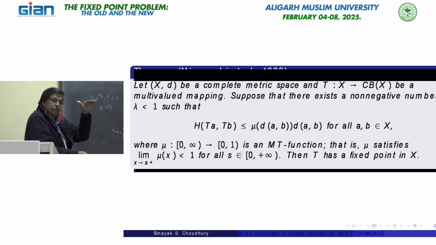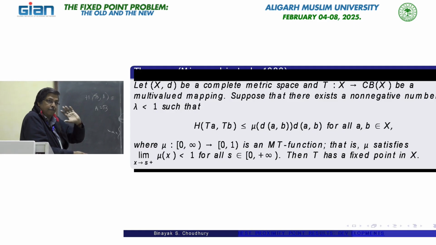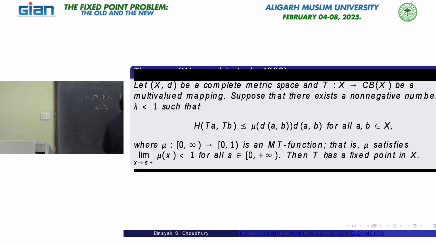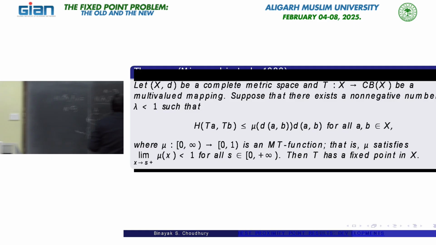There are volumes written on fixed points of non-expansive mappings, and you will need very special conditions in order to ensure that such a fixed point is there. By its own merit, it is itself a subject of mathematics, the fixed point theory of non-expansive mappings. Am I correct? So another direction is: why constant? Why not a function of d(x, y)?